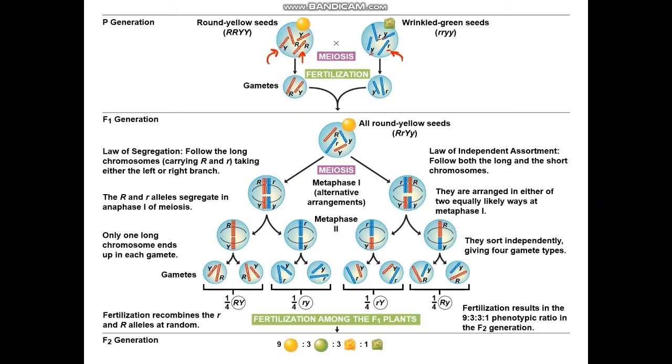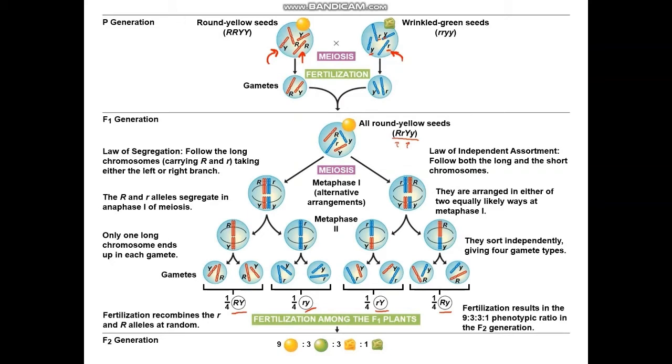Now, the F1 generation, obviously, is going to have all heterozygous traits. They're all going to have one of each kind of allele. But when these organisms create their gametes, it's going to have a bunch of different possible combinations. You can either have round yellow alleles, you can have wrinkled green alleles, you can have wrinkled yellow alleles, or you can have round green alleles.